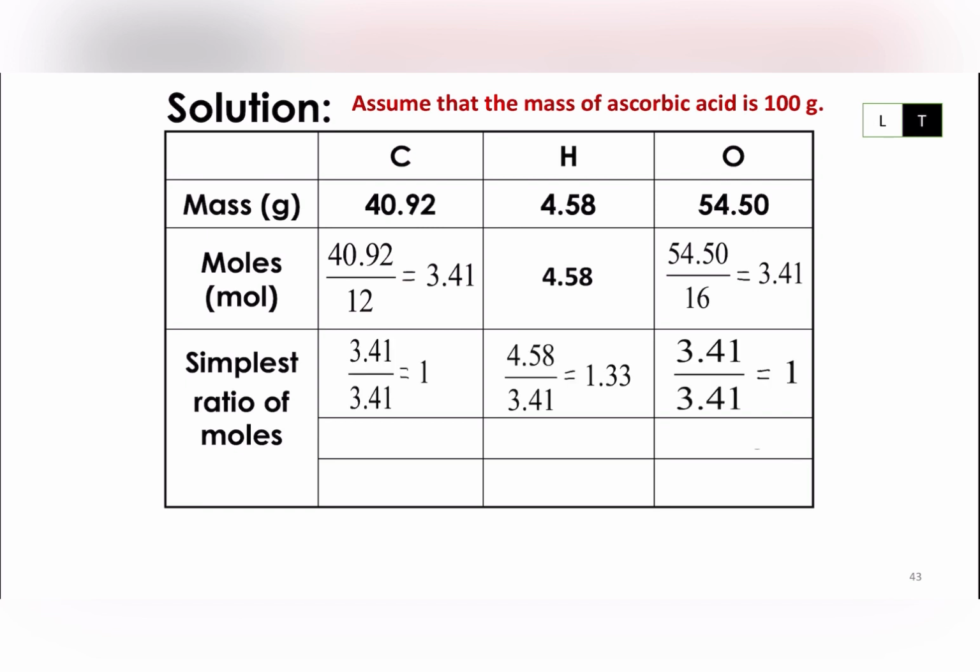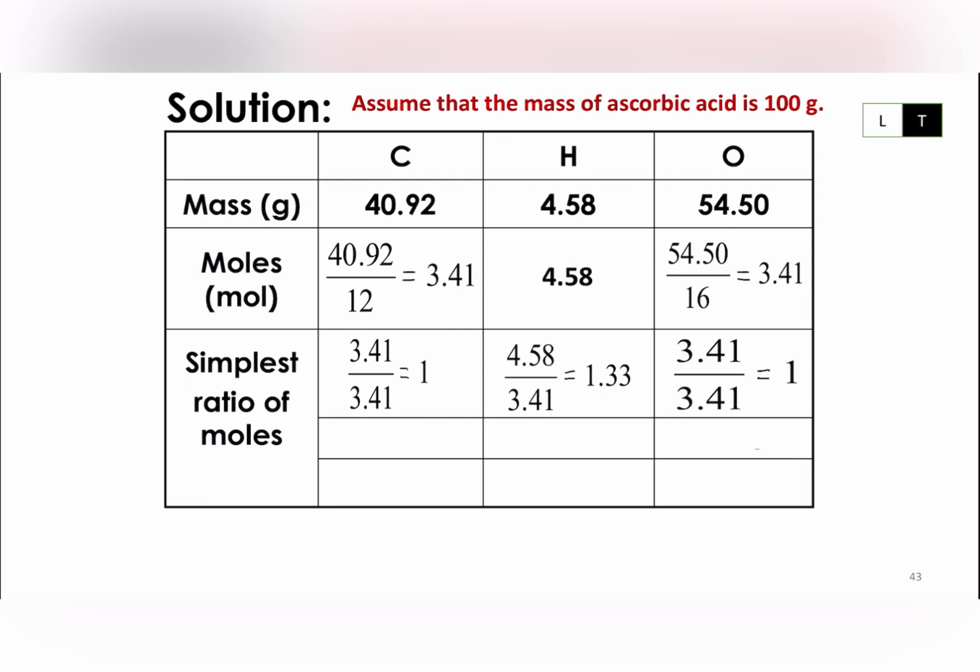So how do you get the whole number for your empirical formula? Especially for this part, it's very tricky. You cannot round off straight away as 1. It is wrong. What you have to do is multiply by a factor. Usually when you want to choose the factor, we will use times 2 first.